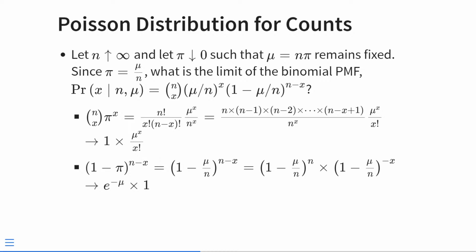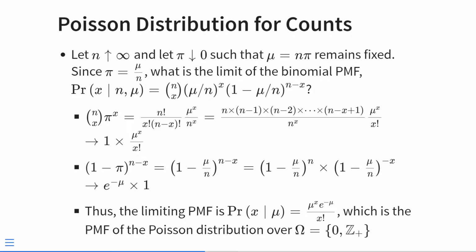That's one way to define e. And then for this piece over here, well, x is fixed, so 1 minus mu over n is going to 1, and 1 raised to the power negative x is going to be 1. So this becomes e to the negative mu.